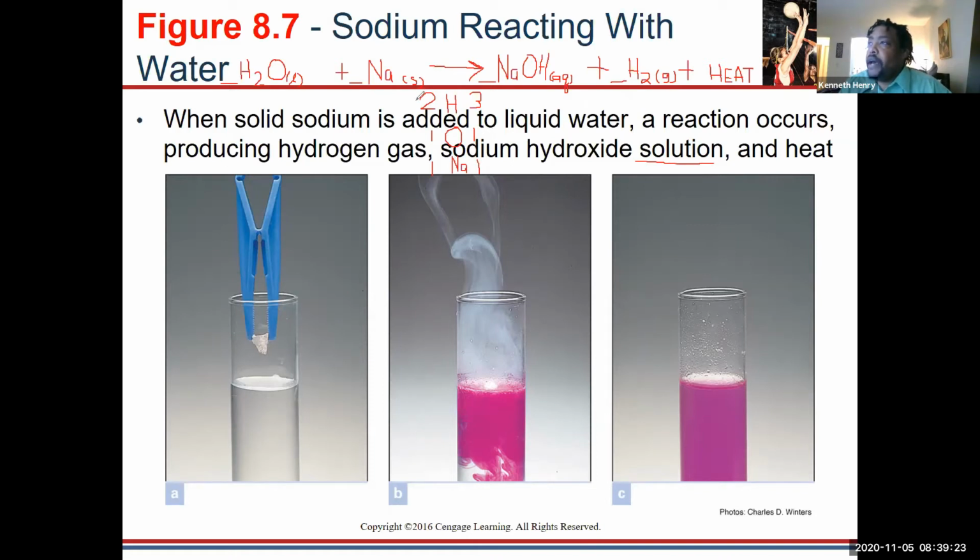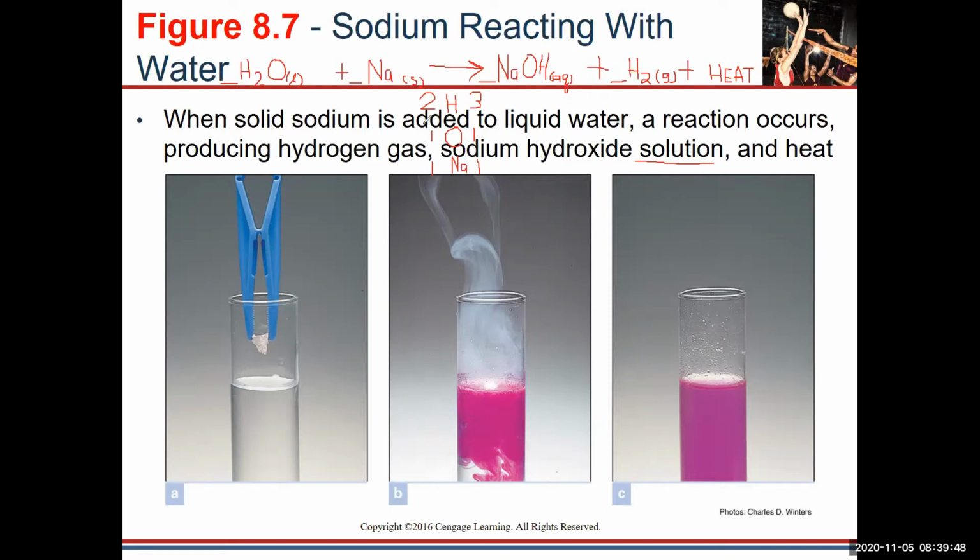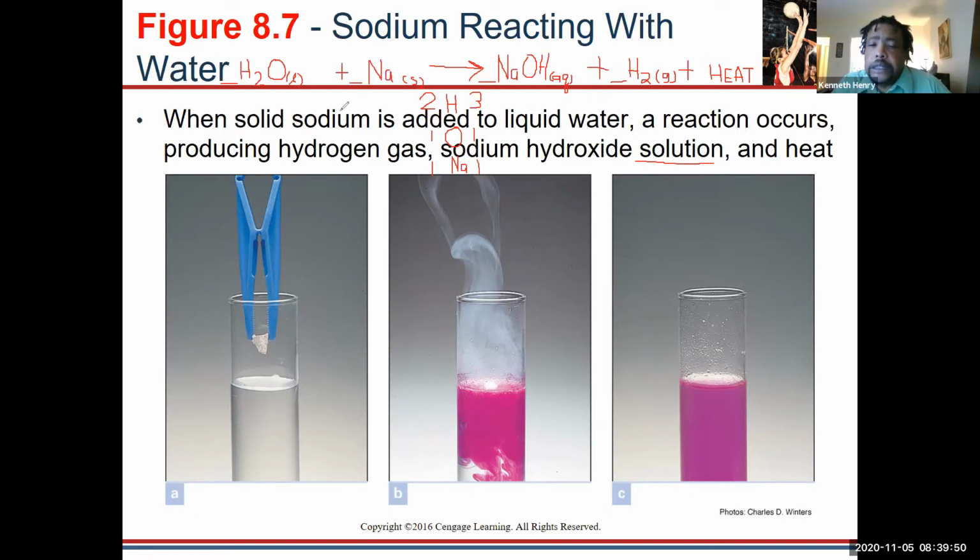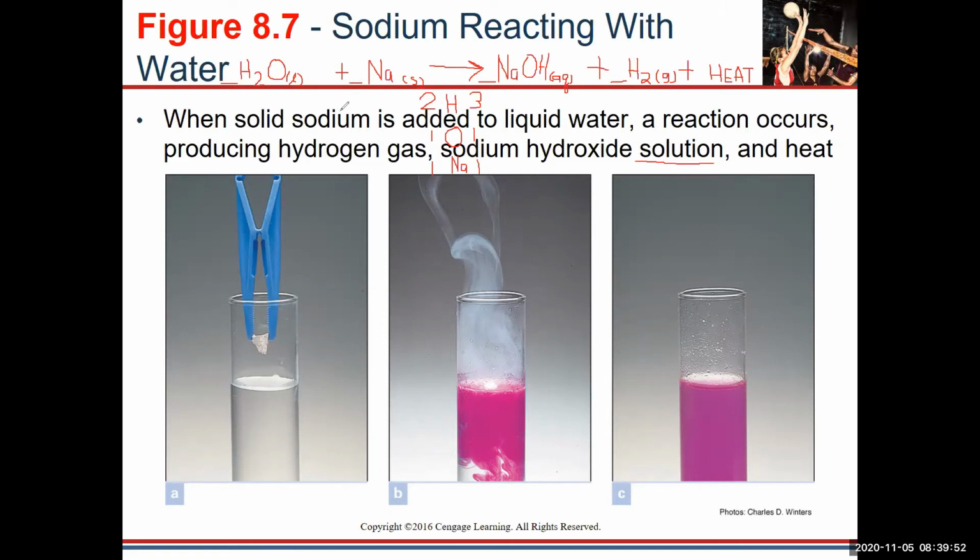So right now I have 2 hydrogens on my reactant side and 3 hydrogens on my product side. Is there a coefficient I could put in front of these to make it the same on both sides? Because we want to get out what we put in. 3 in front of the reactant side. 3 here?